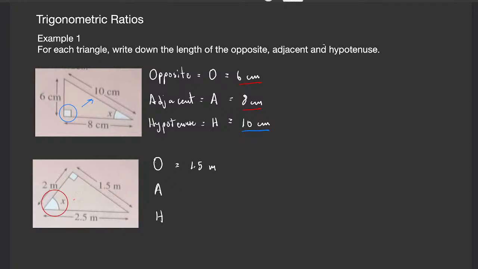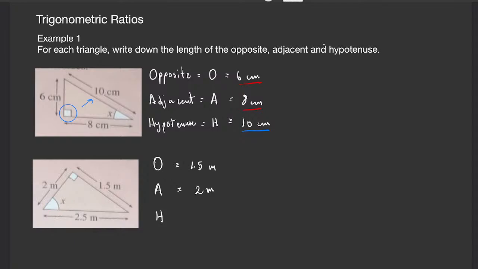Now we're looking for our adjacent. Well, the adjacent is the side that the angle is right next to, or the side that the angle sits on. So we can see that this is this 2 meter side, so our adjacent is 2 meters. Remember, when we're dealing with our hypotenuse, we need to know where our right angle is.